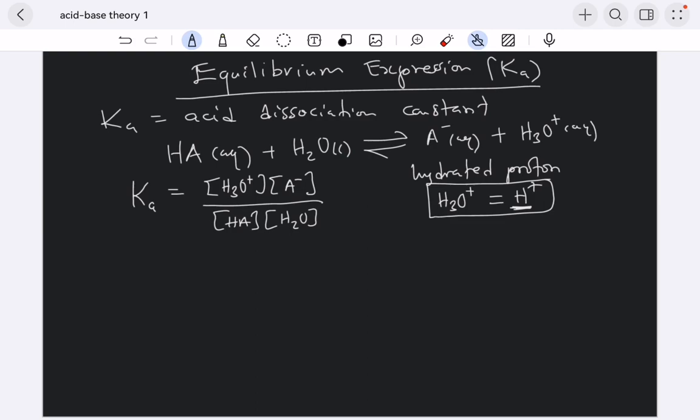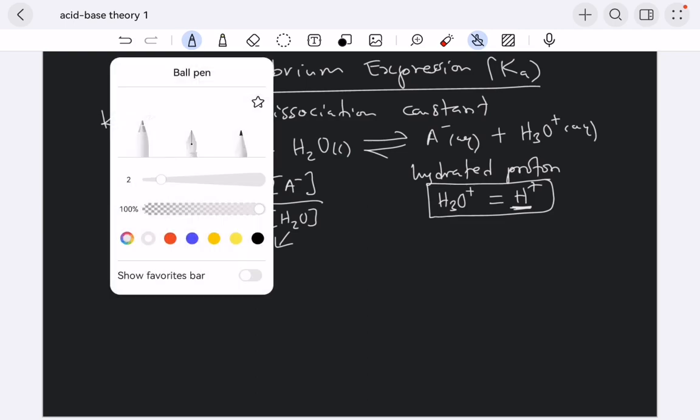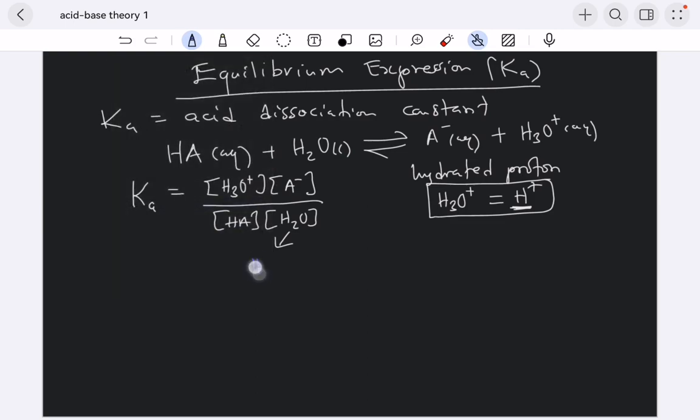Now, in this solution, we can assure that the concentration of water, which is in liquid state, is constant.